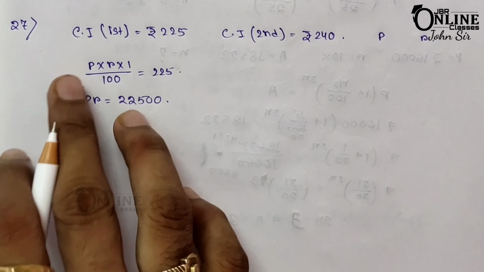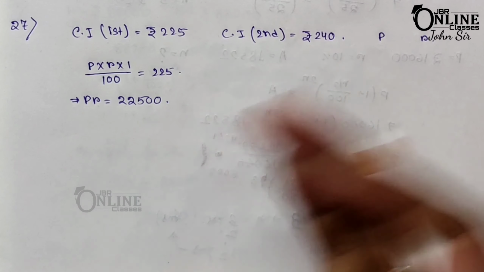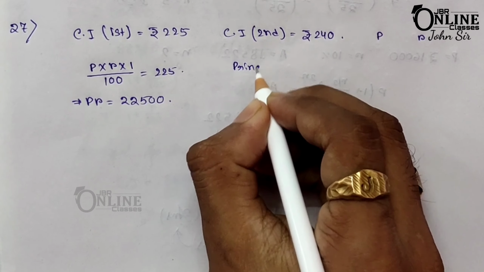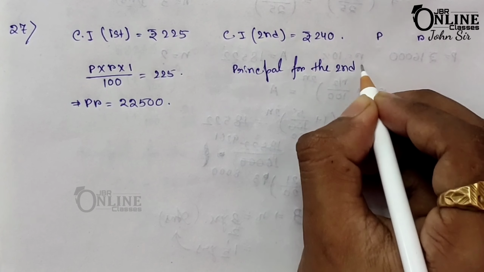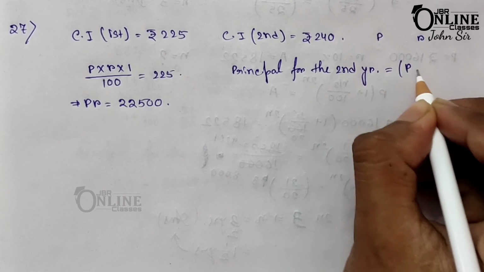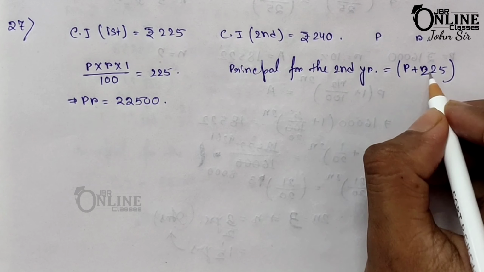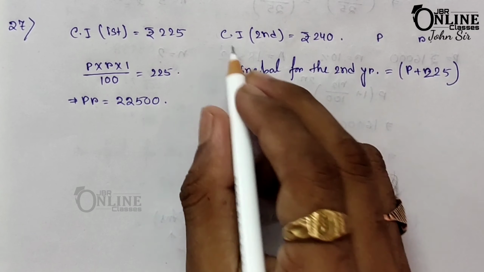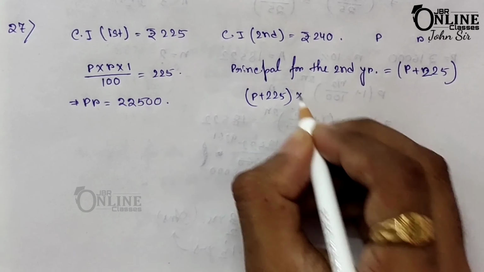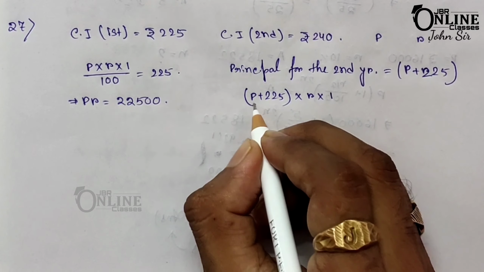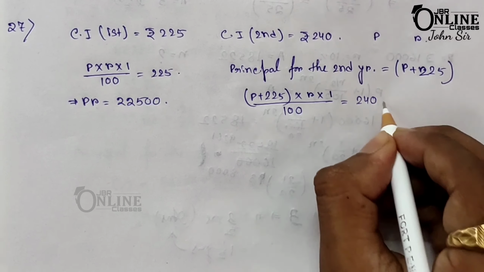Now as P is the principal and 225 is the interest for the first year, the principal for the second year will be P plus 225 as principal plus interest. Then the interest will be (P plus 225) as principal into R into 1 divided by 100, and that equals 240.